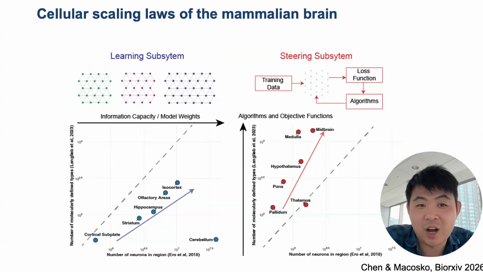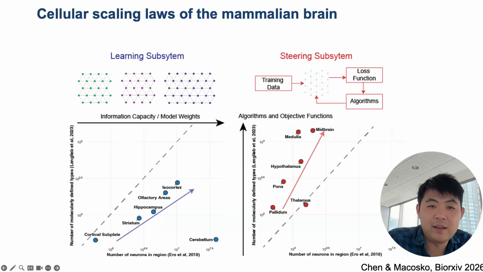And there you can encode that into the genome and then subsequently into the animal through boutique and unique cell types. All right, so that's how the brain is molecularly organized.